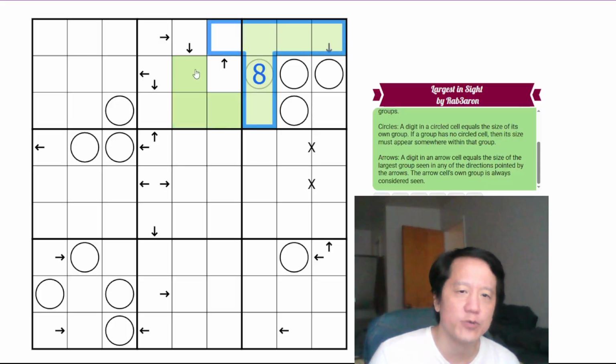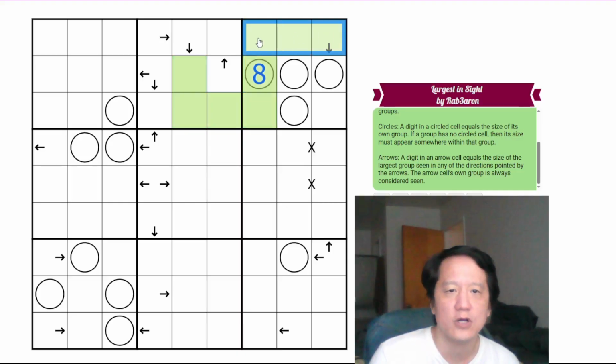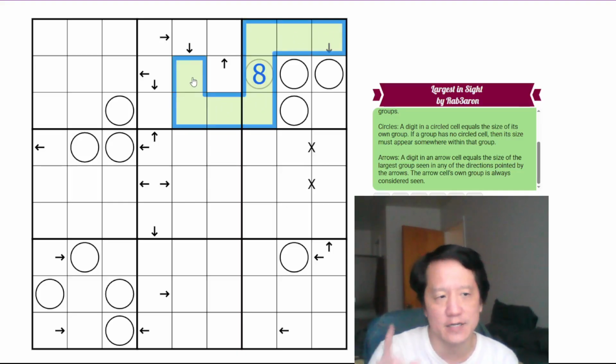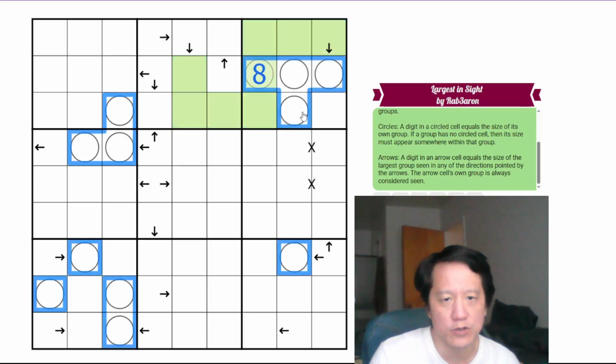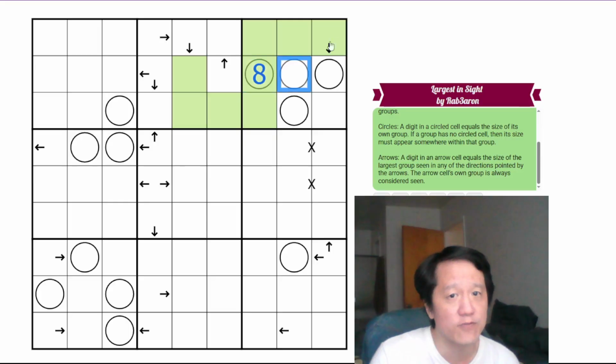Every group, even if it doesn't have a circle, must have its size somewhere in its group. Okay, and that's how circles work. Interestingly enough, every group does not have to have a circle.